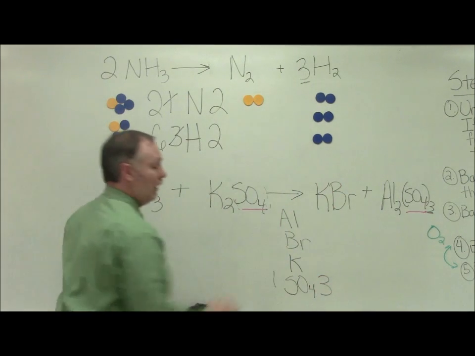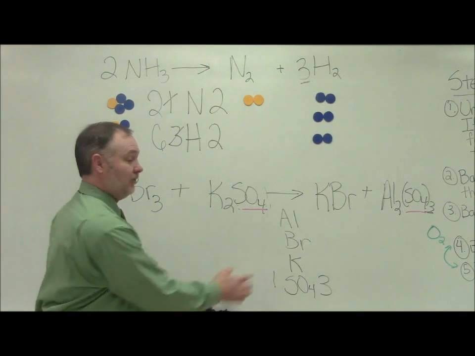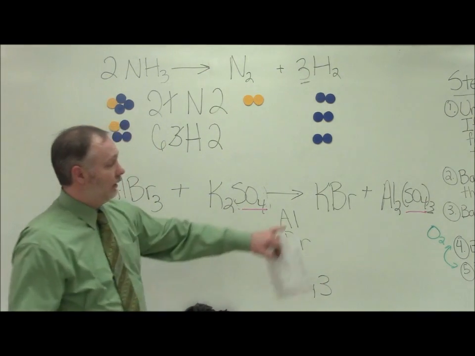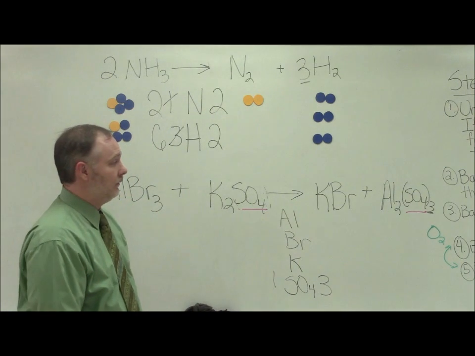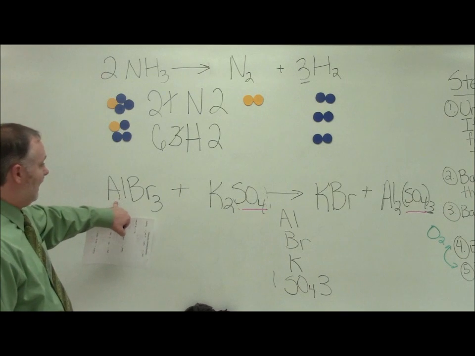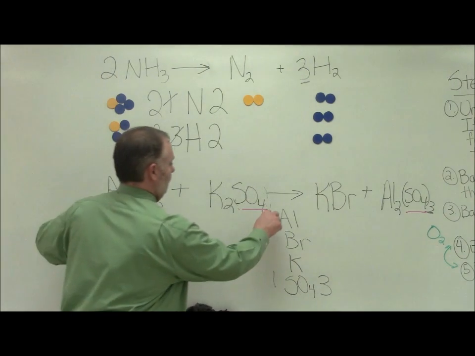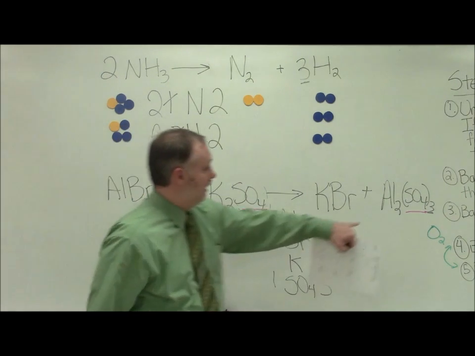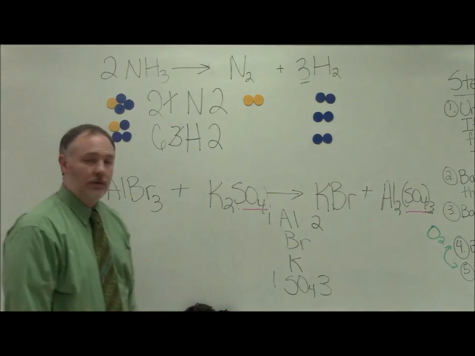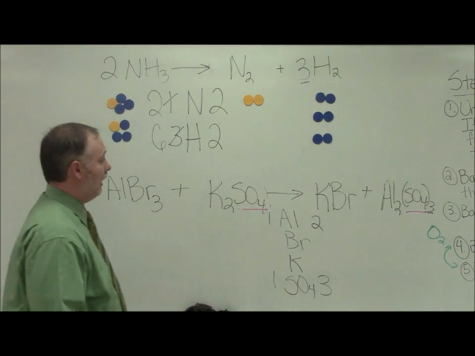Okay, I'm going to want those at the end to be the same number. So hopefully you can see 1 SO4 in the reactants, 3 in the products. Now let's just start balancing with our aluminum. I have 1 here, but I have 2 in the products. So I'm going to stop.